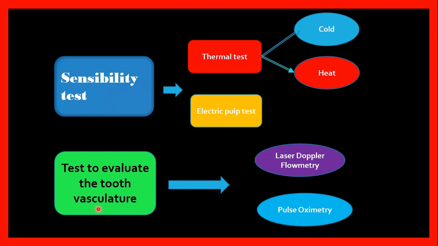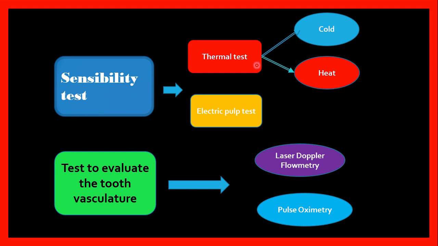So the sensibility tests basically determine the intactness of the dental pulp nerves. If the pulp responds to a stimulus, then the clinician assumes that the pulp has innervation, and the status of the pulp may be healthy, inflamed or necrosed.